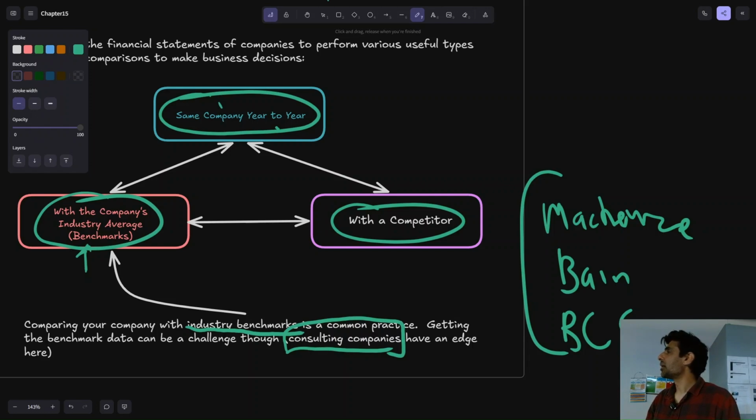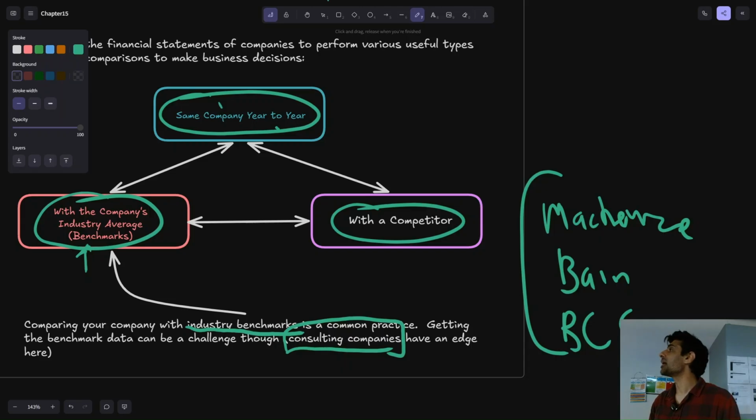What the management consulting companies do is they have data on competitors, and though they won't explicitly say that this competitor does this, a company can hire them and get some sense of how they stack up against competitors. AI doesn't know that data either because it's not really publicly available.